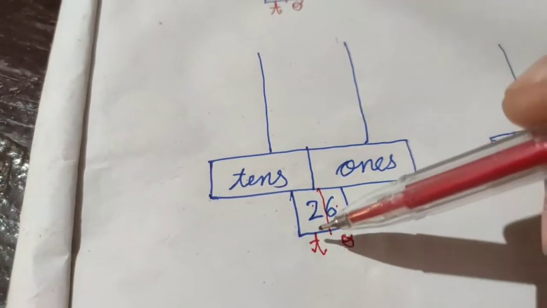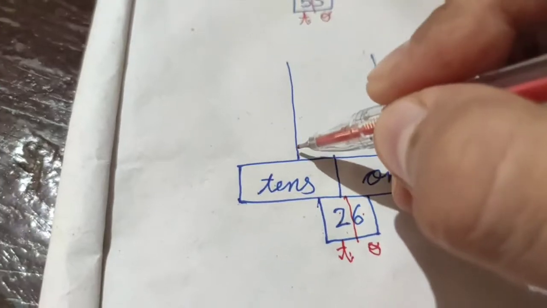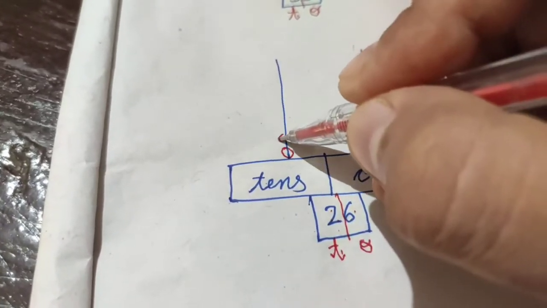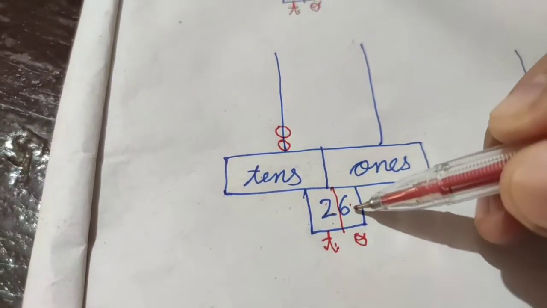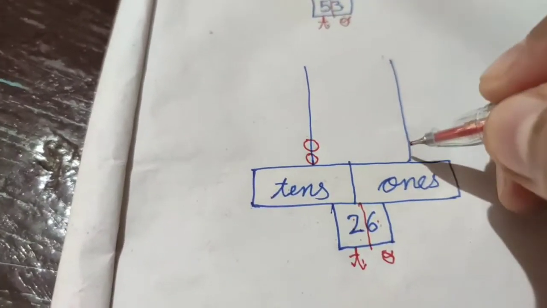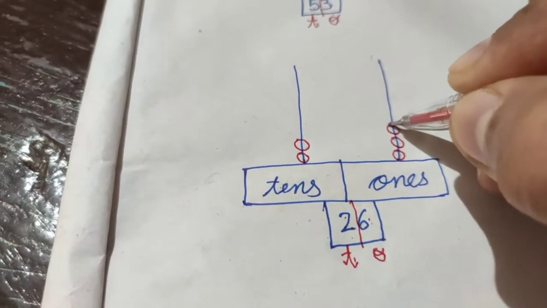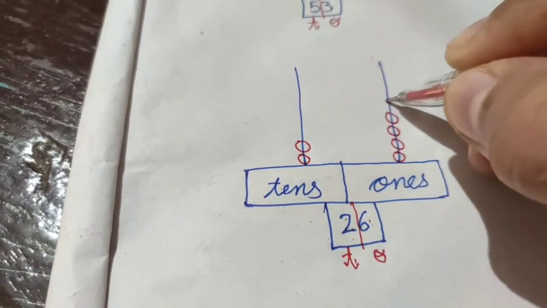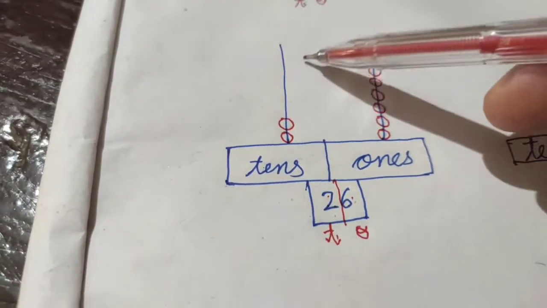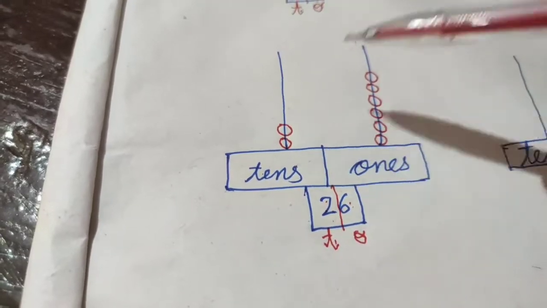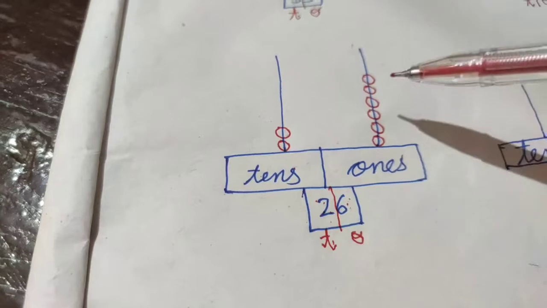So in the tens rod we draw 2 beads, 1 and 2, this way, and in the ones rod we draw 6 beads: 1, 2, 3, 4, 5 and 6. This way. 2 beads in the tens rod and 6 beads in the ones rod. 26.